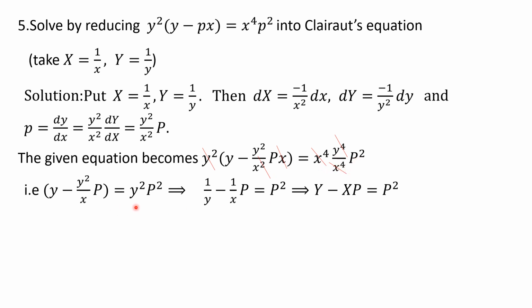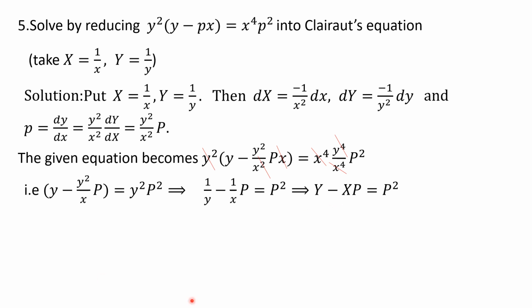Correct? Yeah, we have written there. Then divide throughout by y square. So that gives 1 over y minus 1 over x P is equal to P square. We can substitute back 1 over y as capital Y and 1 over x as capital X. So Y minus XP equal to P square.